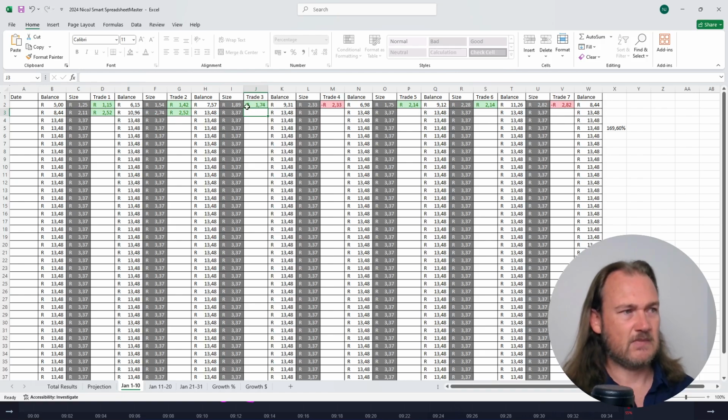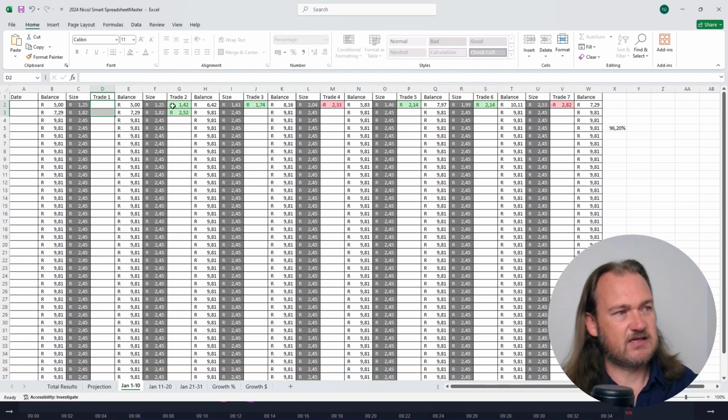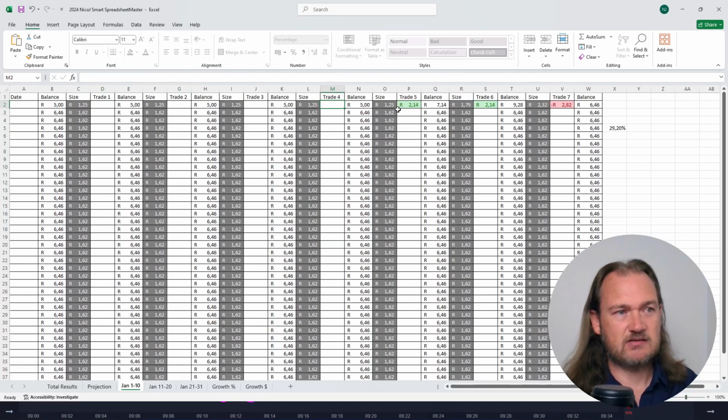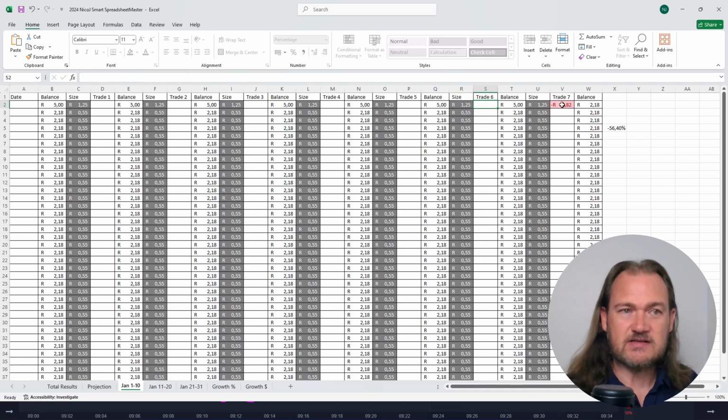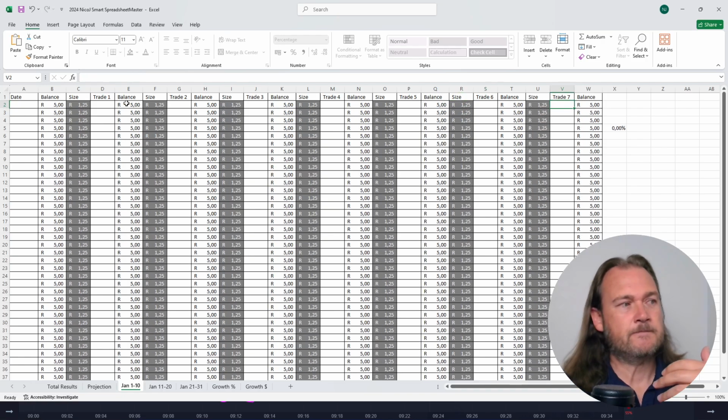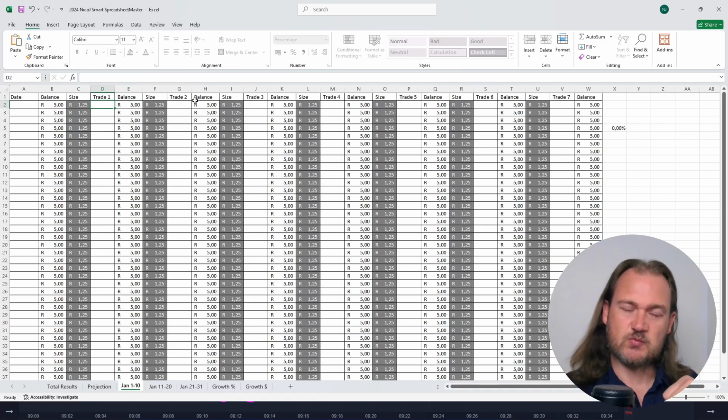Okay, so essentially what this means is that I can get really nice and fast growth while risking only a small percentage of my capital.